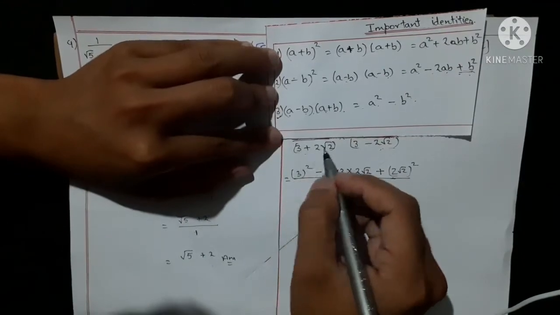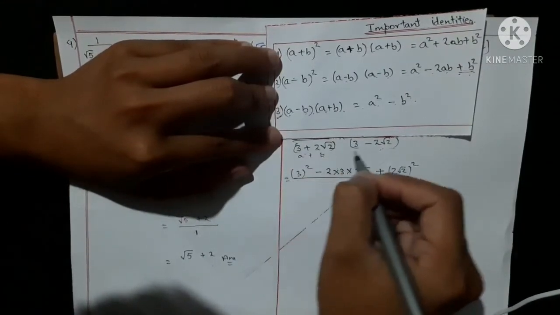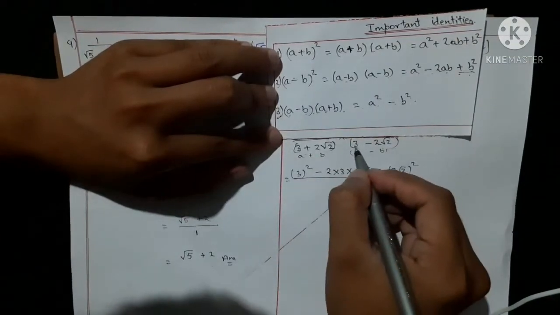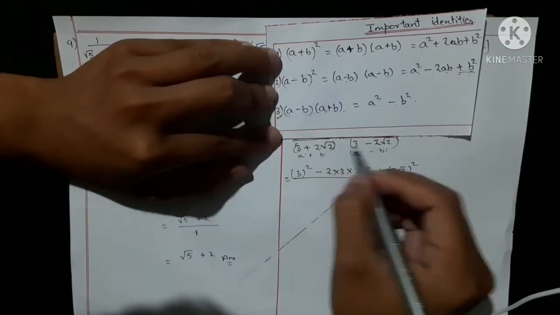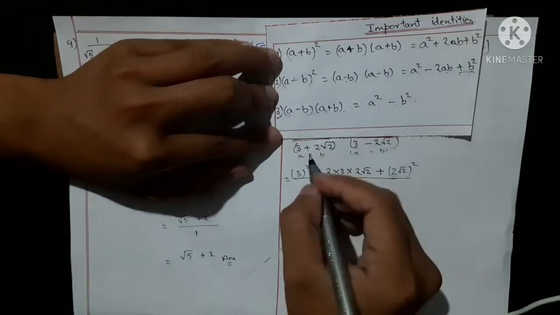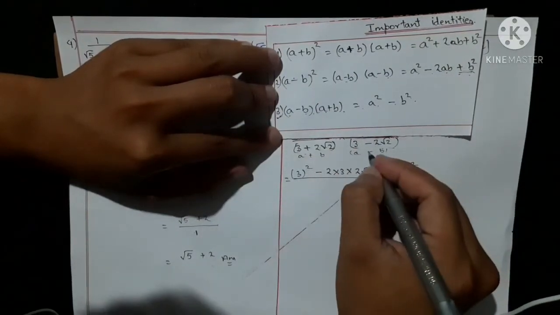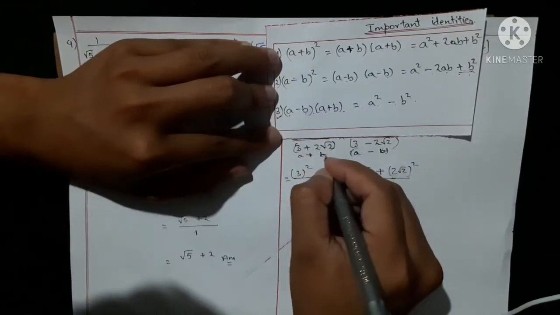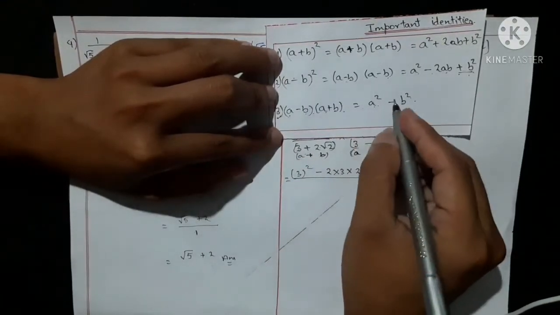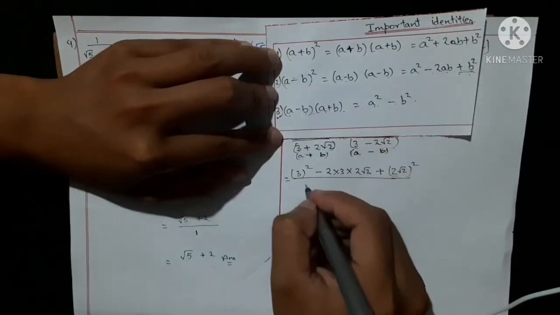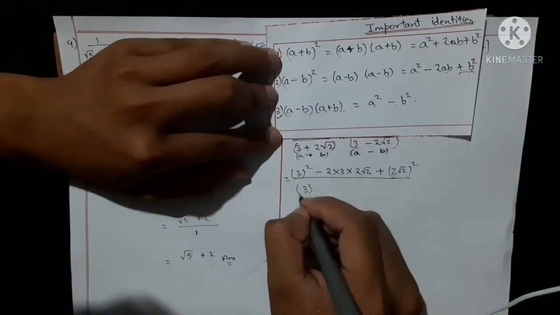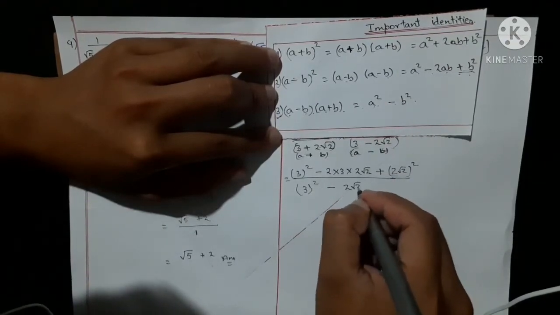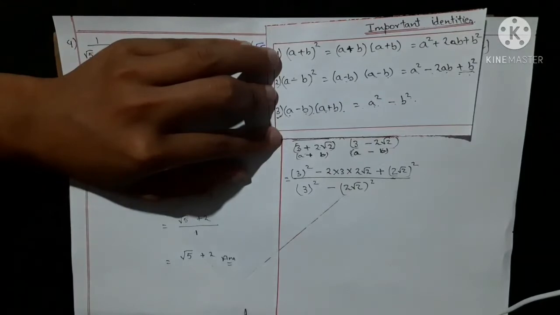So we have a plus b into a minus b, and this equals how much? a square minus b square. So a is 3, 3 square, minus b square, b is 2 square root 2 whole thing square.